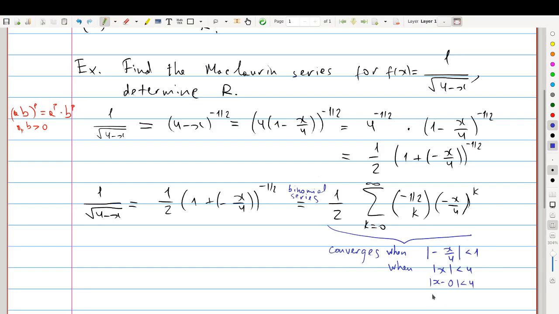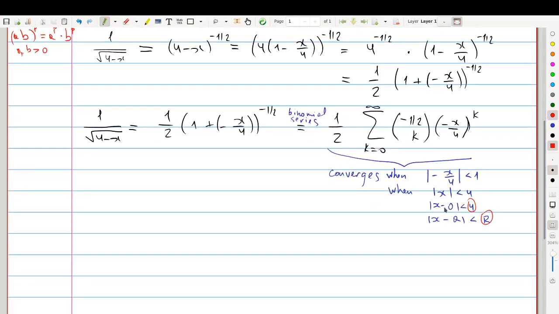And since the expression for the convergence region for a power series always looks like |x minus the center of the series| < R, we conclude that in this case R is equal to 4. So the radius of convergence is easy to determine.